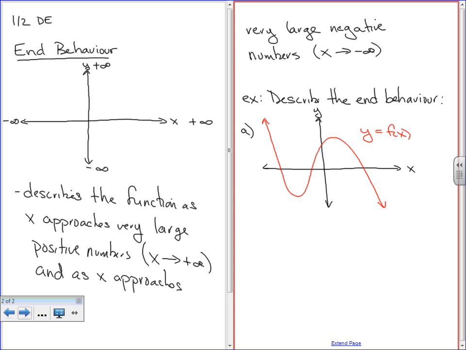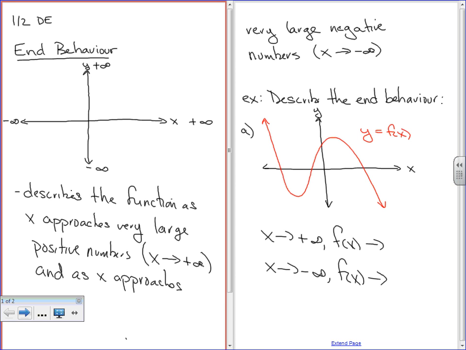And the only thing end behavior is, is where my branches of my function are heading towards as I'm heading out towards the positive and the negative x direction. So I want to answer this question here. As x approaches positive infinity, what value is my function approaching? And as x approaches negative infinity, what value is my function approaching?